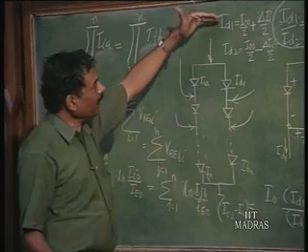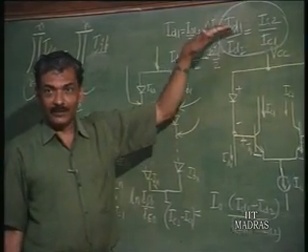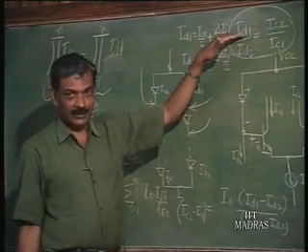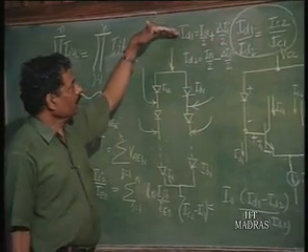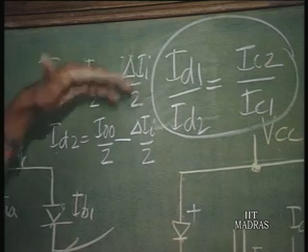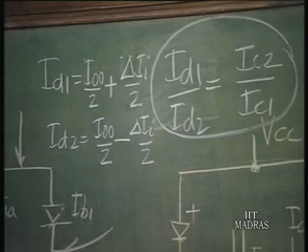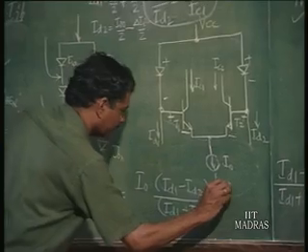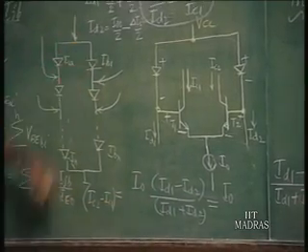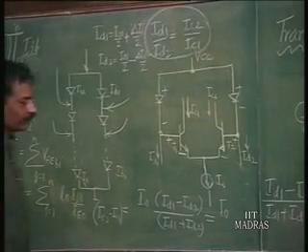Same way any two currents can be represented as a common current and a differential current. So, this one I D 1 is equal to I naught naught by 2 plus delta I by 2, I D 2 is equal to I naught naught by 2 minus delta I by 2. Then what happens to this? I D 1 plus I D 2 becomes I naught naught, I D 1 minus I D 2 is delta I, that is the differential input current.